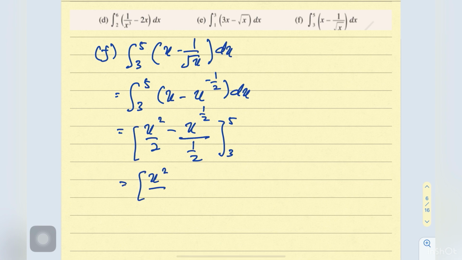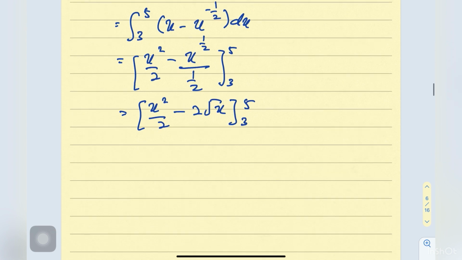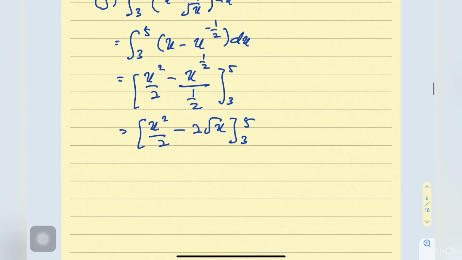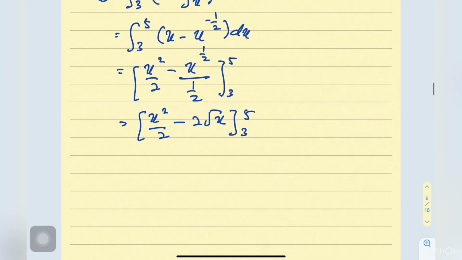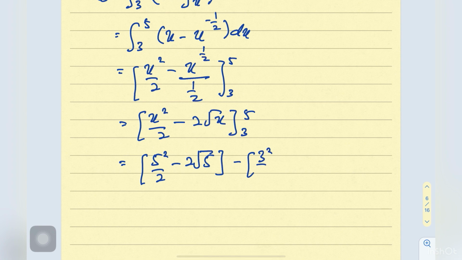Here x squared over 2 minus 2 square root x, from 3 to 5. Then we substitute the upper limit minus the lower limit. So 5 squared over 2 minus 2 square root 5, minus 3 squared over 2 minus 2 square root 3.